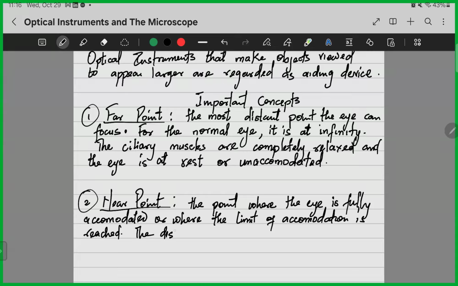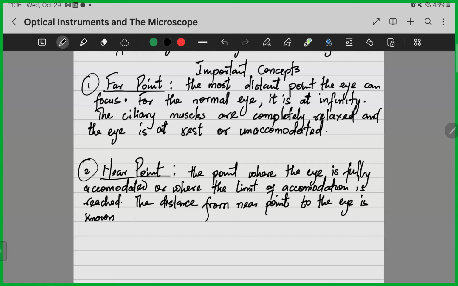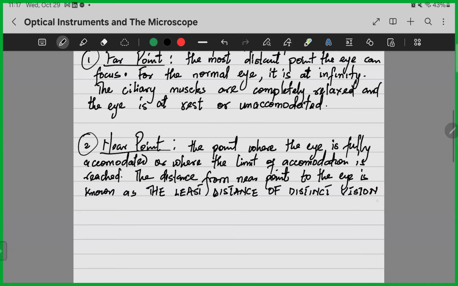The distance from near point to the eye is known as the least distance of distinct vision, and is denoted by D. For the normal eye, that distance, D, is always 25 centimeters.